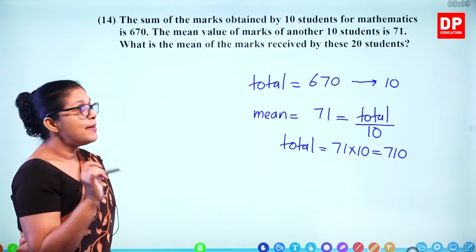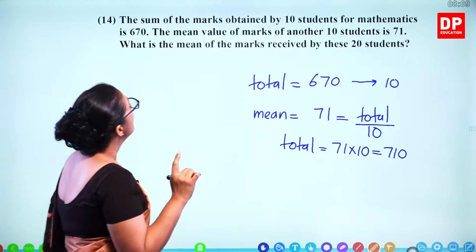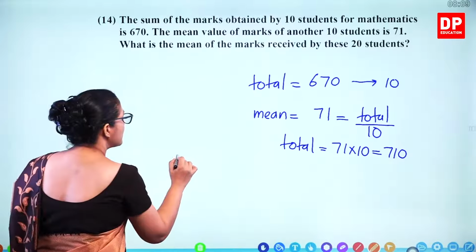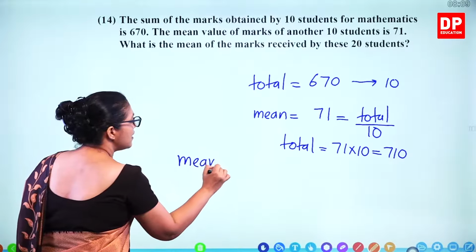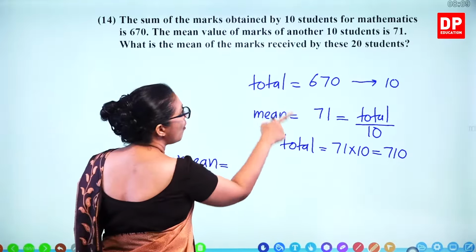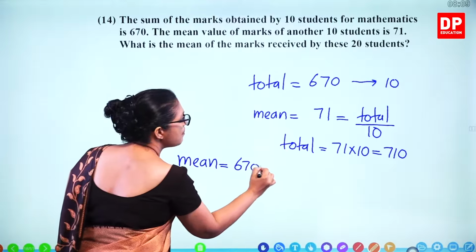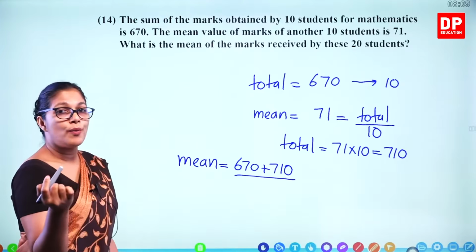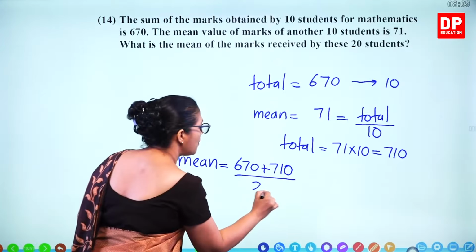Now, what is the mean value of marks received by these 20 students altogether? So what is the new mean? Total for both: 670 plus 710, divided by 20 since we now have 20 students.